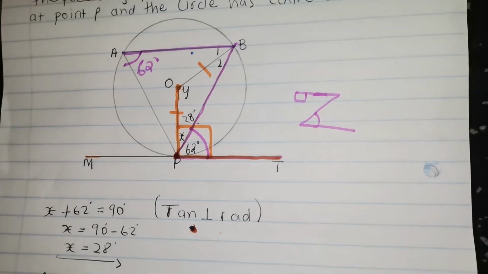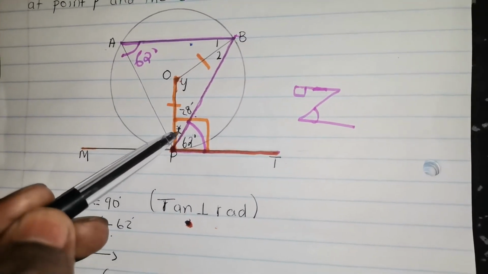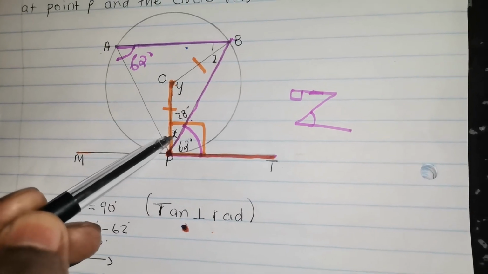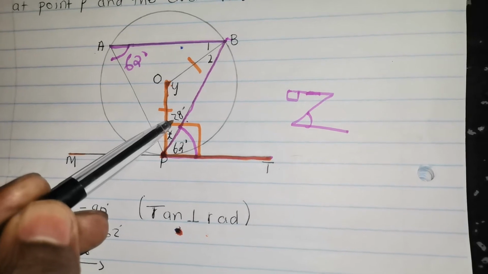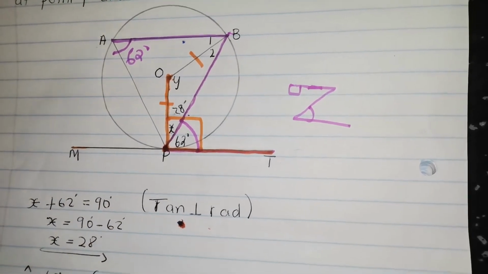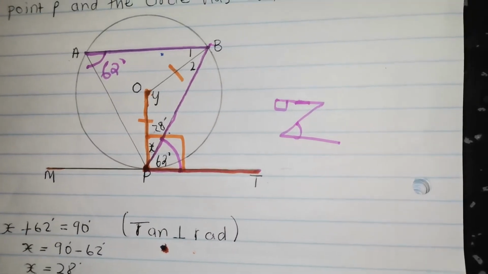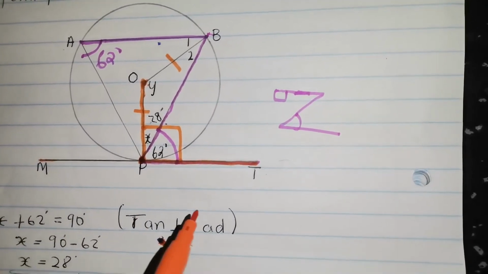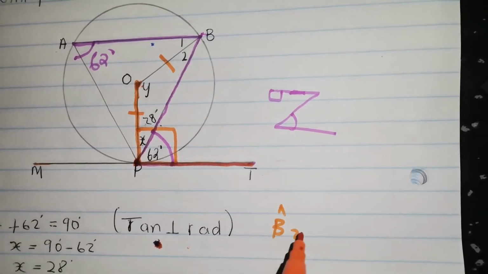An alternative way you can use to find y is simple. Already we have x, which is 28. So let me write the alternative way to find y in this case. We have x equal to 28. This means angle B2 is also equal to 28.